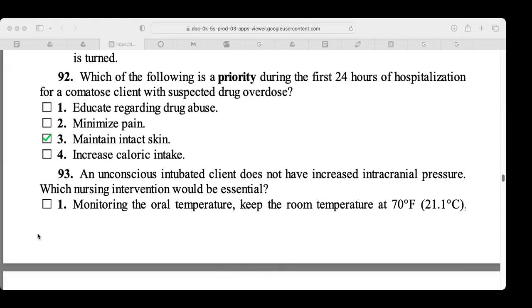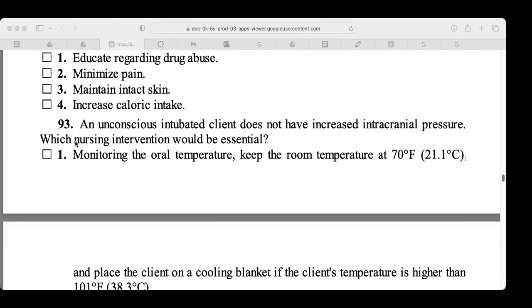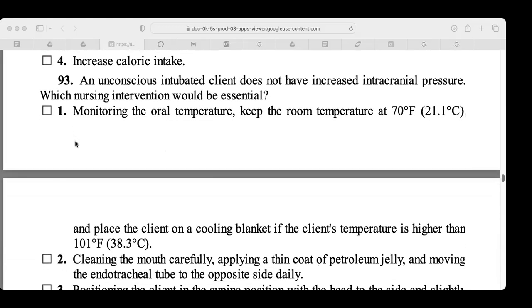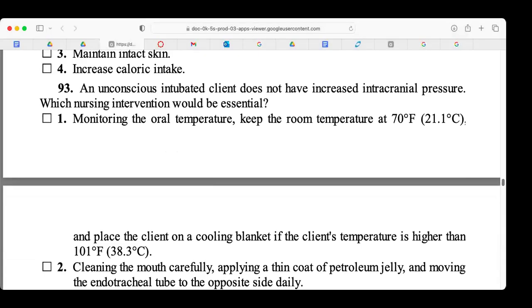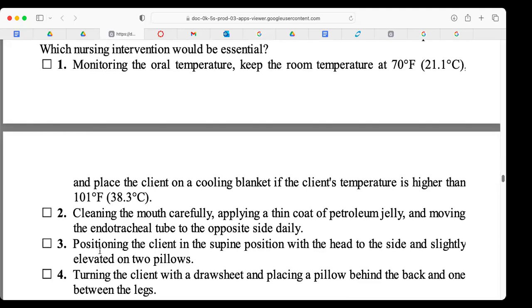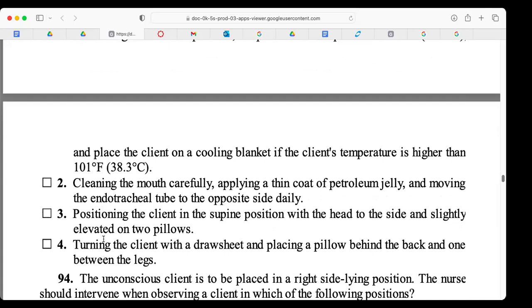Number 93, an unconscious intubated client does not have increased intracranial pressure. Which nursing intervention would be essential? 1. Monitoring the oral temperature, keep the room at 70 degrees Fahrenheit, and place the client on a cooling blanket if the client's temperature is higher than 101. 2.